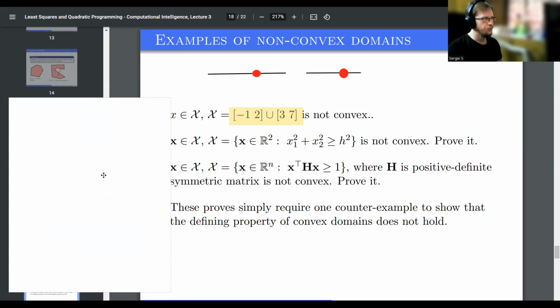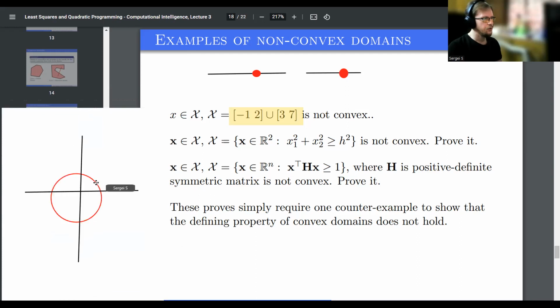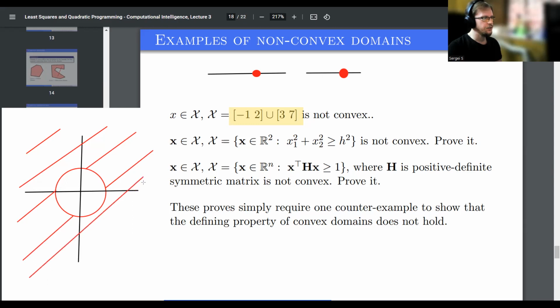Just move it a little bit. But the domain is everything that is outside the unit circle. So the domain is something like all of this. And you can clearly see that this domain is not convex.